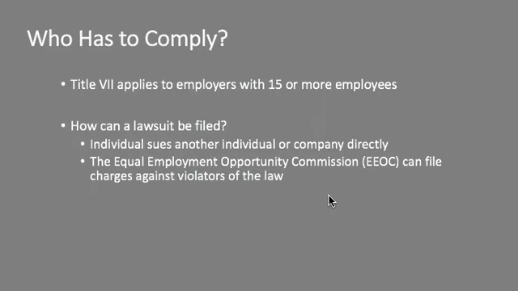So, we see this occasionally where the EEOC will get involved, the plaintiff will write to them, they see it as a case that's worth pursuing, and they may take on the legal work on behalf of that plaintiff to bring the case.